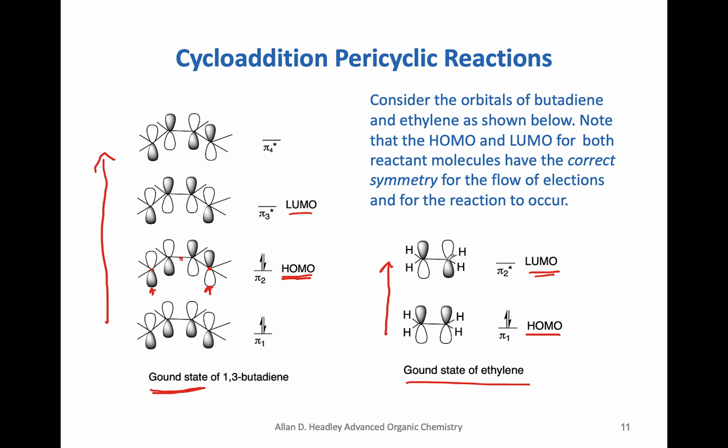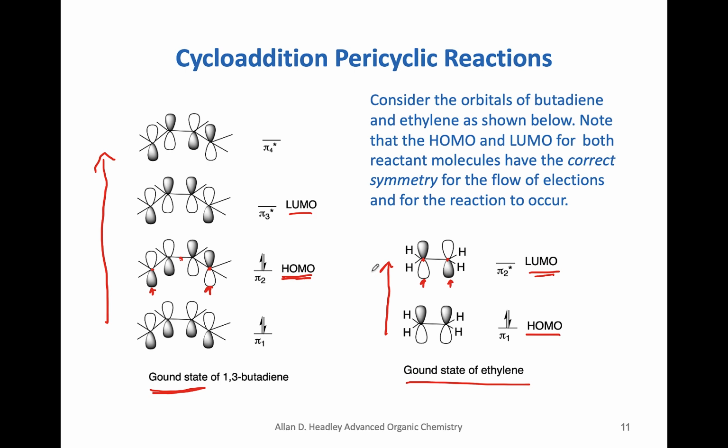This is it, the frontier orbital, so right here. Notice the phasing. So this is unshaded and this is shaded. So it looks as if the phase will work if electrons are to flow from the HOMO of one into the LUMO of the other.